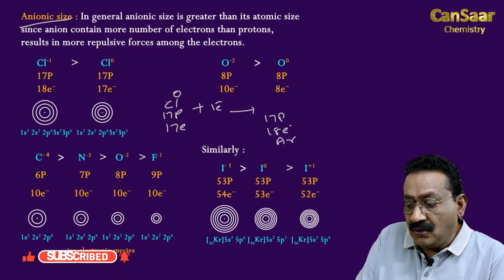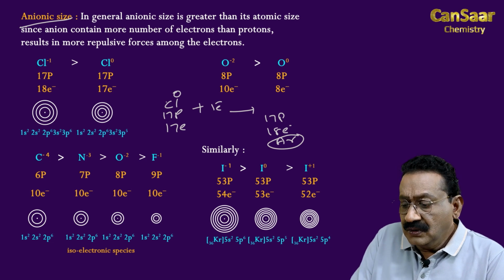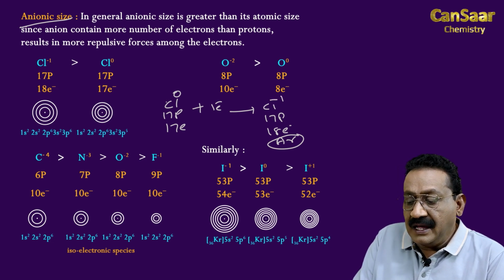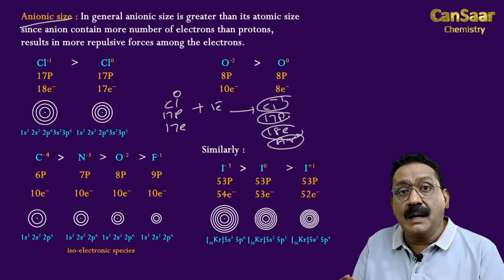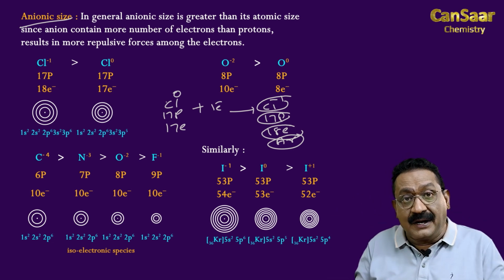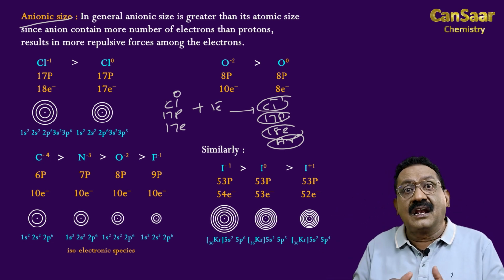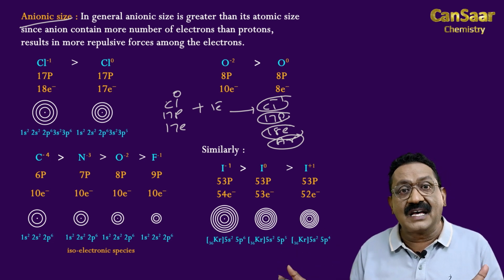That is, the stable noble gas configuration is attained. Now, it is called chloride ion. In this anion, compared to protons, we have more electrons present in the orbits. Among the electrons, more repulsion, more size.